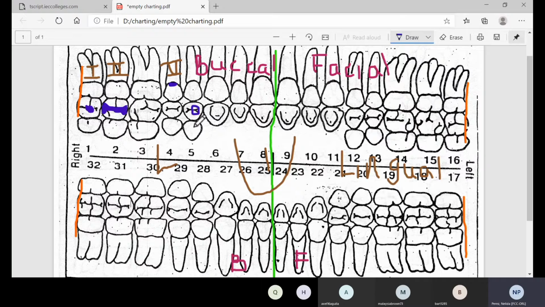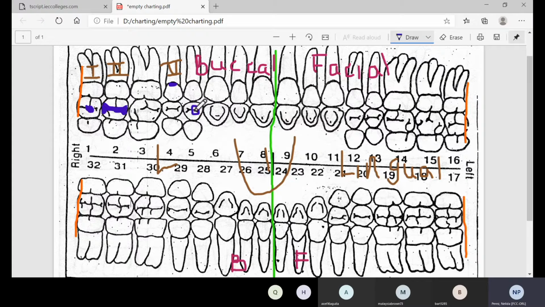Picture the circle a little bit more in the middle. So what surface did I say was in the middle? The tongue. Well, the middle here, but the middle of the tooth. Oh, the tooth. Occlusal. Yes. So this is an occlusal.